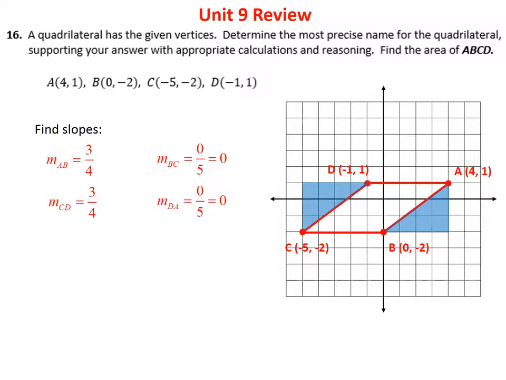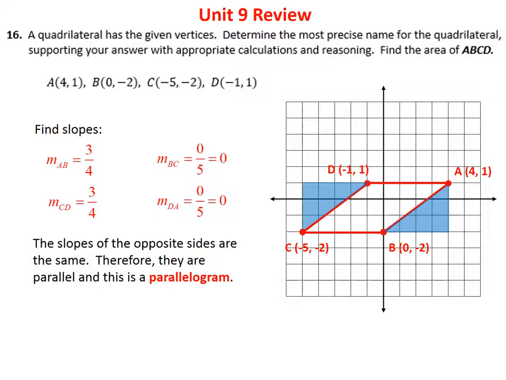So notice that AB and CD have the same slope, so they're parallel. Likewise, the top and the bottom lines both have a slope of 0, so they're parallel. As a result, we can conclude that this is at least a parallelogram. 2 pairs of parallel lines makes it a parallelogram.